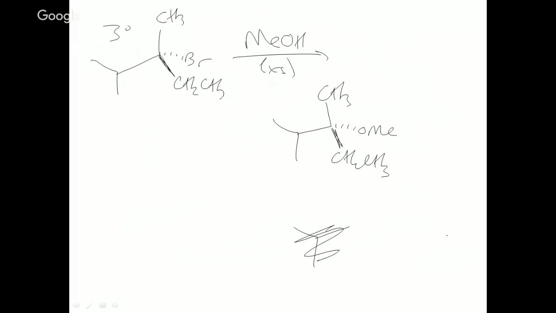Sorry, I'm going to draw it as a mirror image. And these two are mirror images of one another. We get a 50-50 mix. You get those products. Work through this mechanism. It's identical to the one that I left you with before.